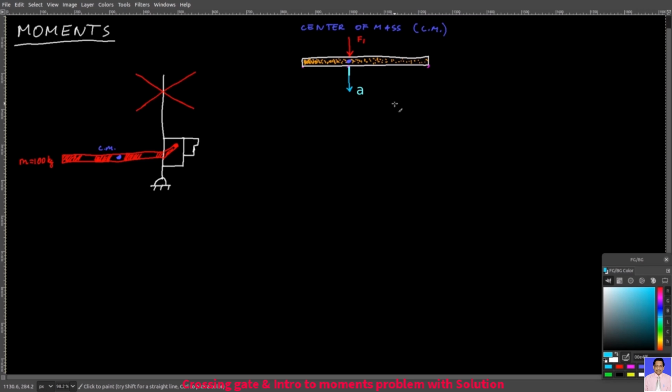A would be acceleration. But this force will not cause the rod to rotate.